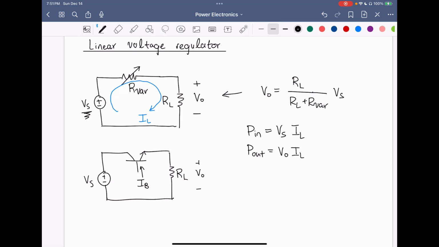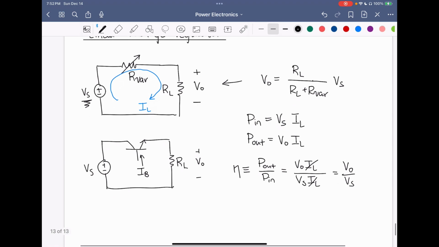So therefore, the efficiency by definition is the output power over the input power. Substituting these expressions, we get VO times IL over Vs times IL. Because the currents are the same, the efficiency of the circuit is equal to the output voltage over the source voltage.